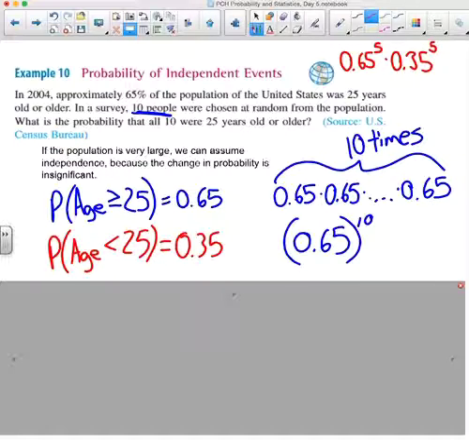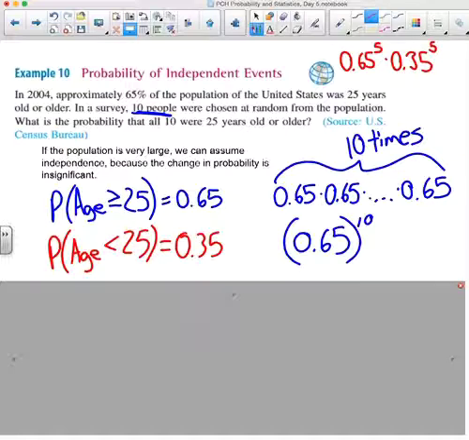okay? Because you know what that assumes? That right there assumes we picked all 5 of the people who are greater than or equal to 25 first, then we picked all 5 people who are less than 25 after that. Okay? So what do we also have to consider? Combinations. Okay?